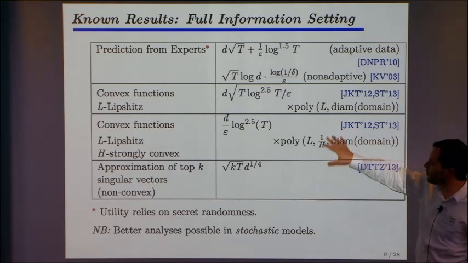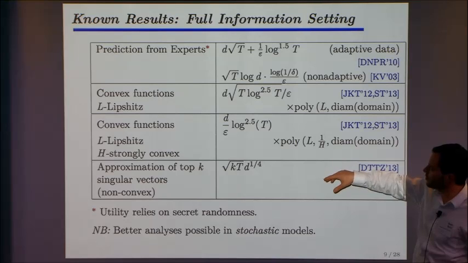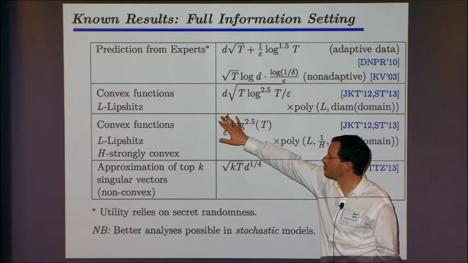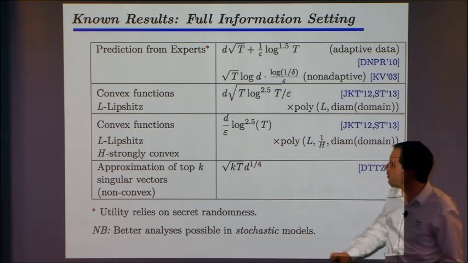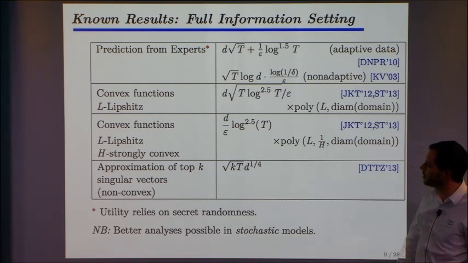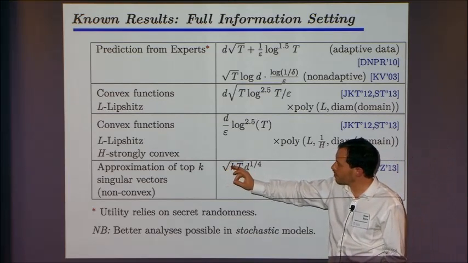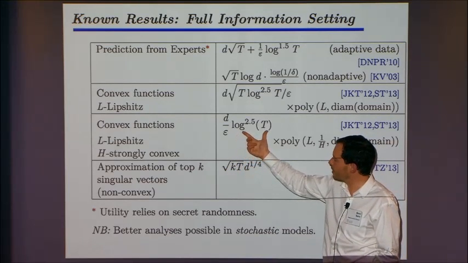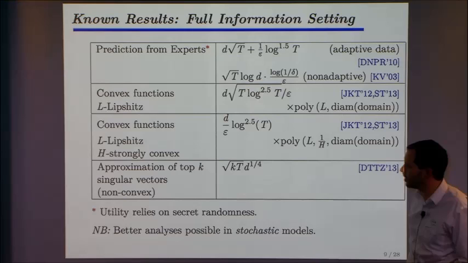One can get algorithms for general convex functions under a smoothness condition, assuming they're Lipschitz, with something like d times square root of T dependency. If you assume these functions are strongly convex, you get much better guarantees, something like logarithmic.